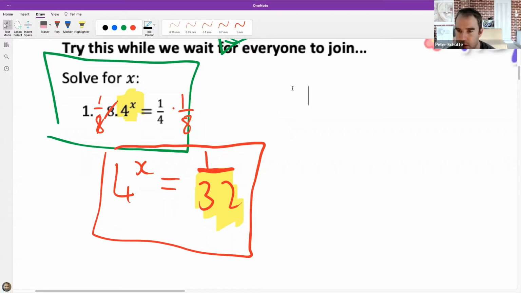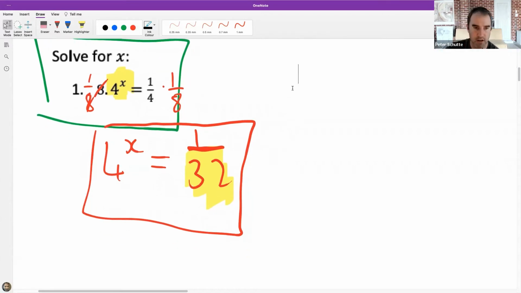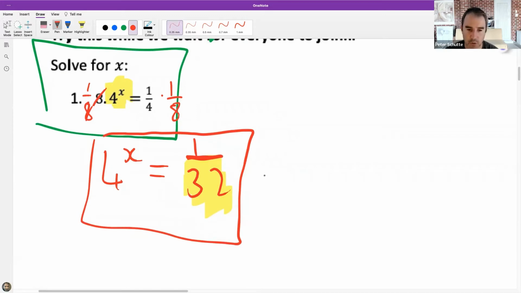Okay. Yeah, no problem. I will slow down. So I want to say, could 32 be written as a power of 4? Probably not. Let's have a look. 4 times, no. Actually, what I've realized is there's no power of 4 that will go into 32.